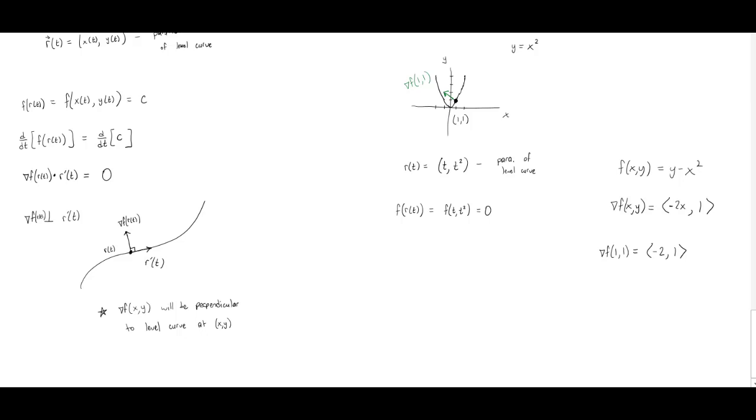And as long as your picture is pretty good, which I think mine is, you can kind of see how the gradient is perpendicular to the parabola at that point. All right, any questions about that? Okay. So then essentially the gradient is going to be perpendicular to level curves. That's what I wanted to show you with this example, all right? Any questions?